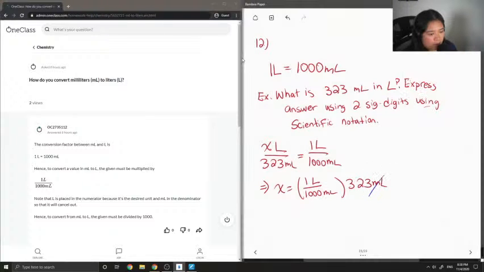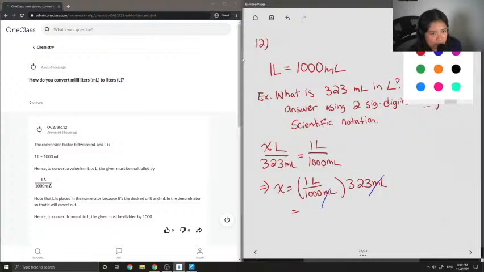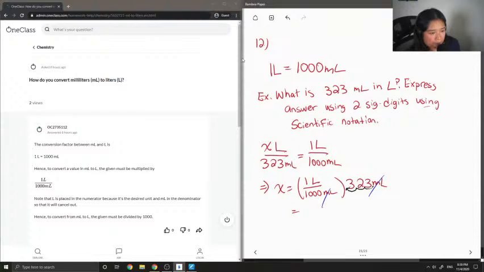You'll notice that your units should cancel out. And if you don't have a calculator and you need to do 323 divided by 1,000, this is the same thing as moving your decimal to the left by 3 spaces. So we can show it going 1, 2, 3. And our answer is 0.323 liters.